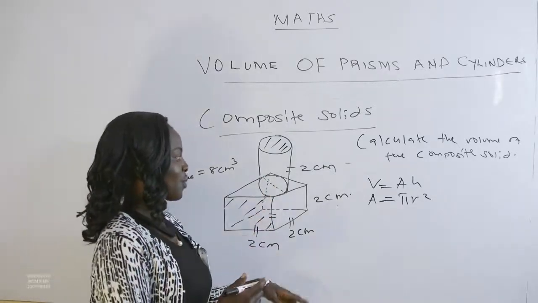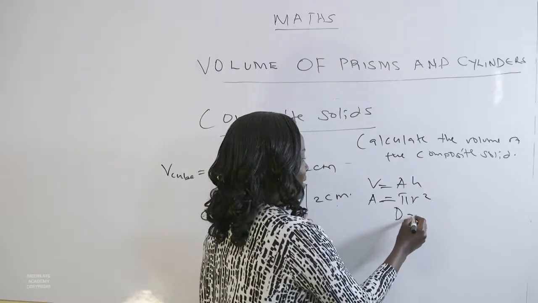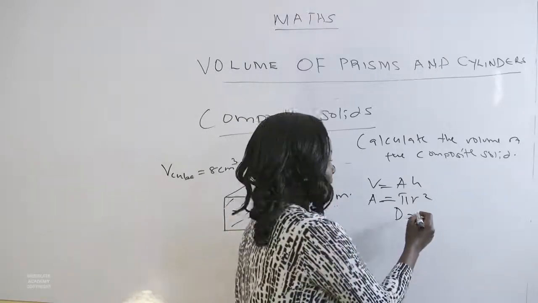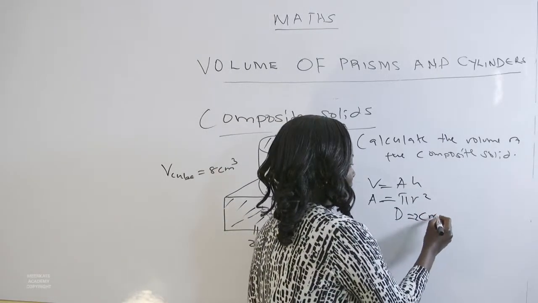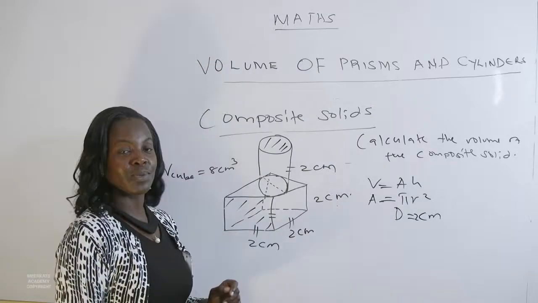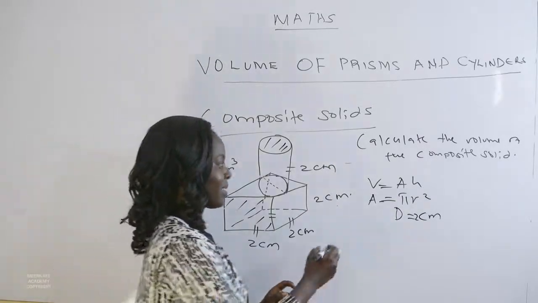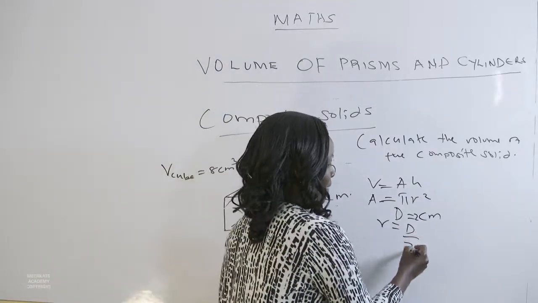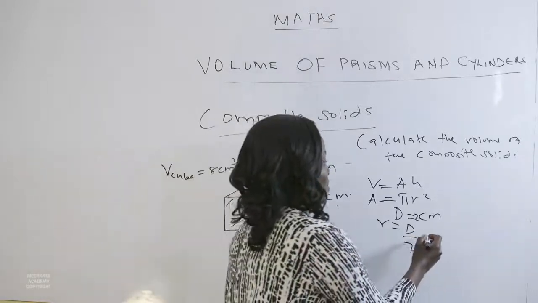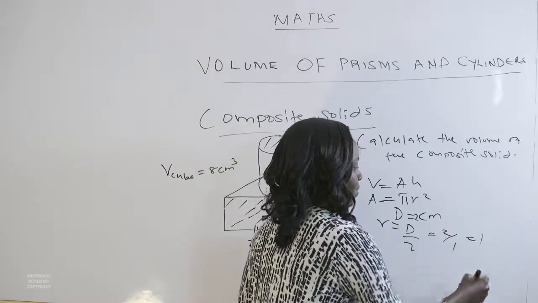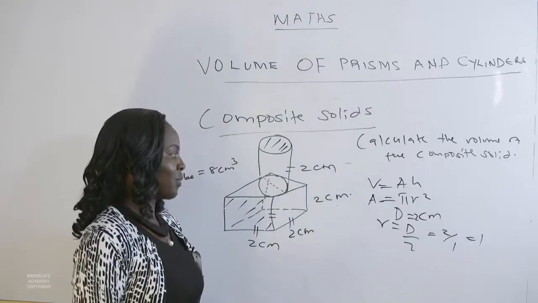So the diameter of the circle is also 2 centimeters. We know that radius is equal to diameter divided by 2. So what's our radius? That will be 1.